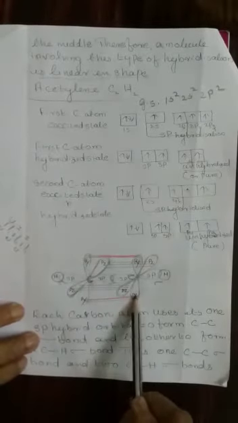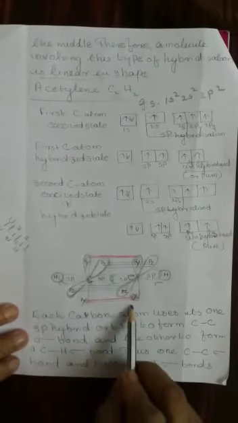Let us take py first. Py undergoes sidewise overlap, resulting in the formation of a carbon-carbon pi bond. Any sidewise overlap always results in a pi bond. Therefore, py results in a pi bond.